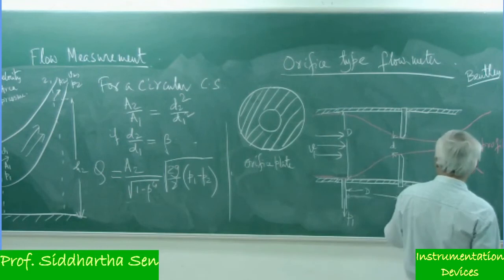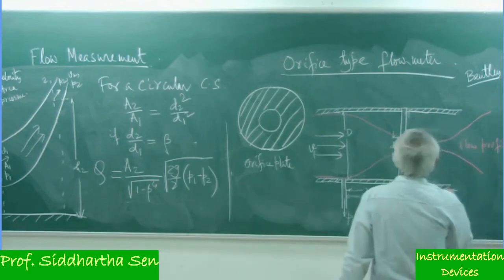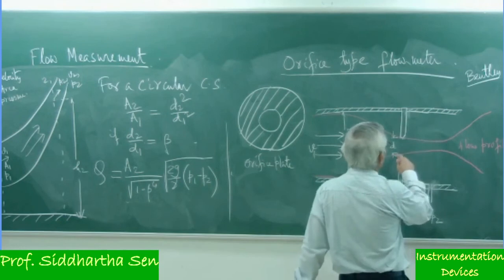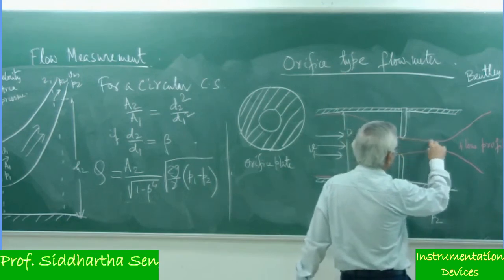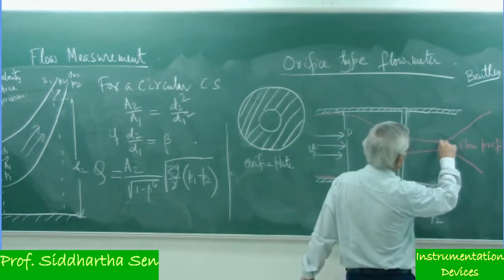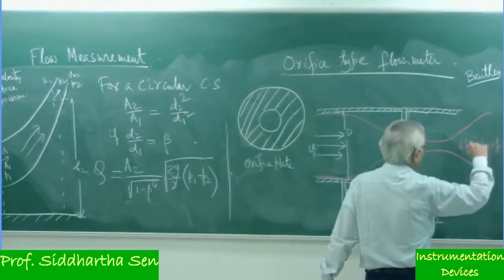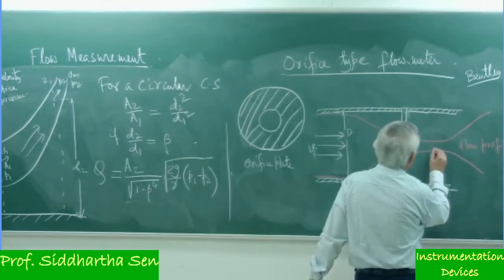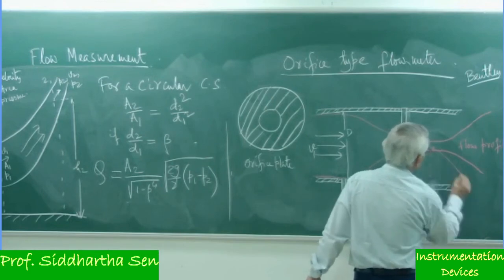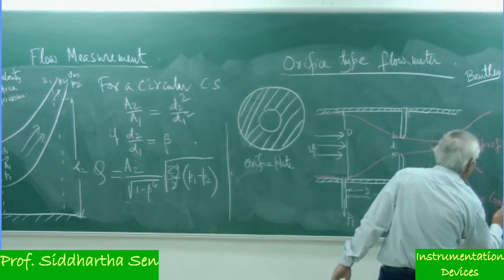But for doing P2, I put it d by 2, because if we see, the flow area is not minimum at this moment, but after a certain time it goes like this, and then again the flow profile area increases. And this is known as vena contracta.